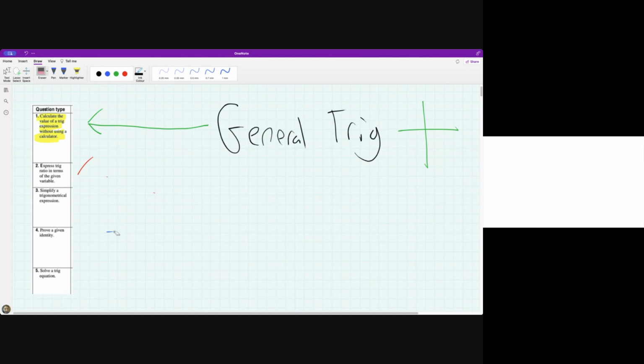Then the other types are prove an identity, in which case you're normally going to work with the left-hand side or with the right-hand side separately and keep changing them using trig identities.